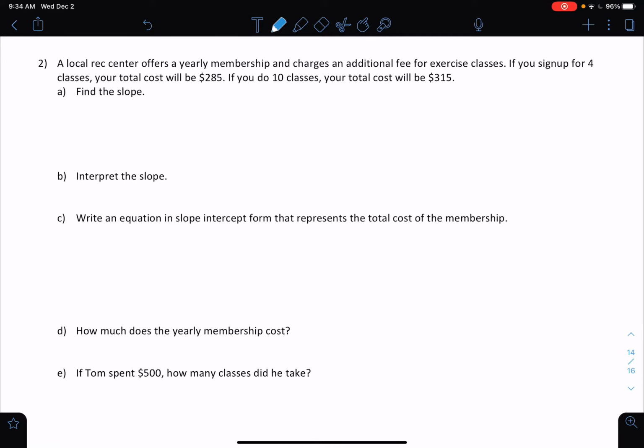So in example 2, this situation says a local rec center offers a yearly membership and charges an additional fee for exercise classes. So right then and there, we should be able to determine that my yearly membership, that's my one-time fee. So that is my B value.